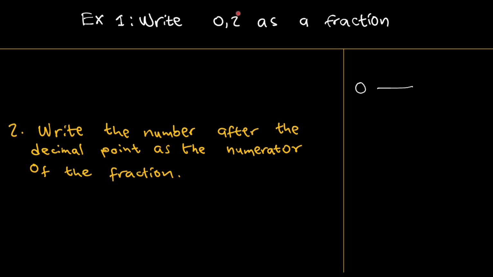So this is the number after a decimal point. So this number must be our numerator. So I'm going to go ahead and write 2 as our numerator. Now we don't know yet what our denominator is.